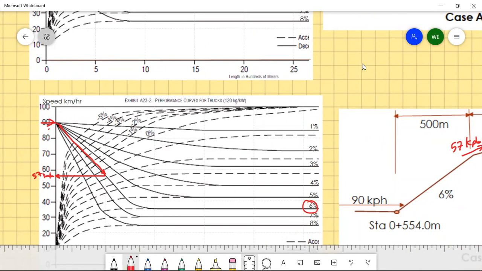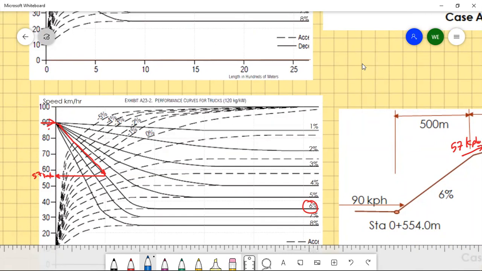If we want to enter, we're not going to hit the solid line for the 3%. So what shall we do in this case? That means the vehicle will start accelerating. That's the 0%, that's the 1%, 2%, that's the 3%.